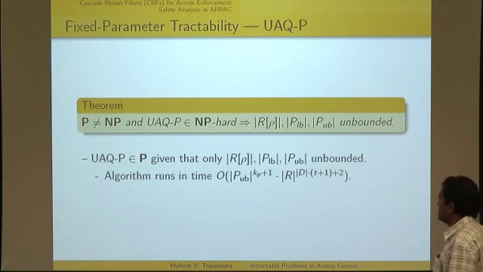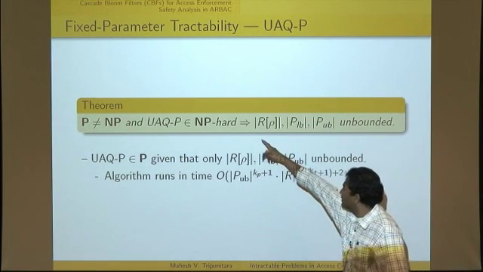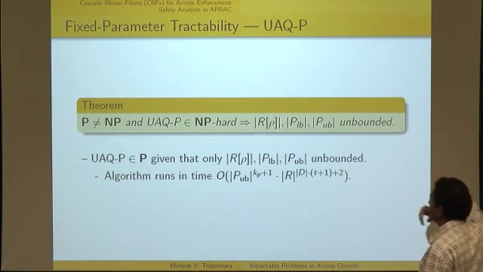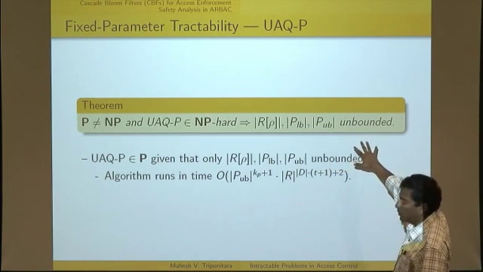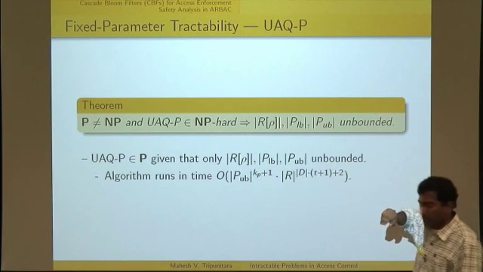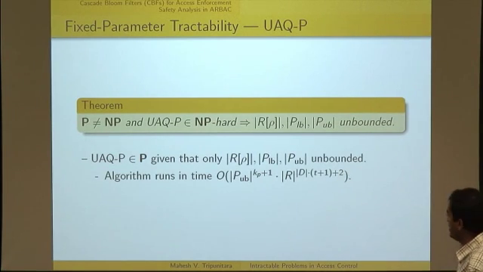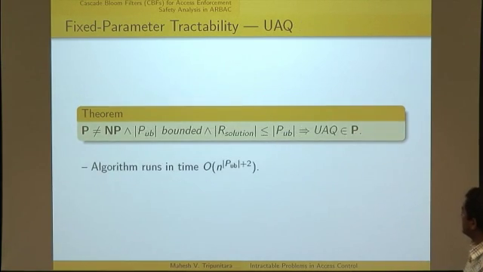Okay, so this is a one-sided implication. It's not an if and only if. Specifically, if only these are unbounded, then we have an algorithm that's in P. Of course, it's exponential time if you assume any of them is unbounded.